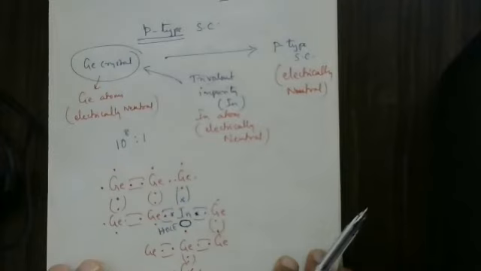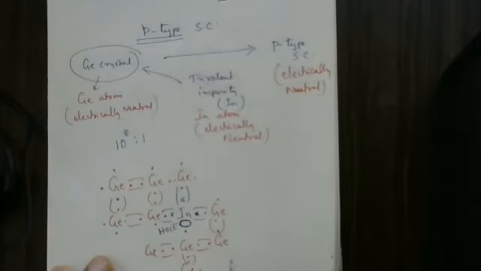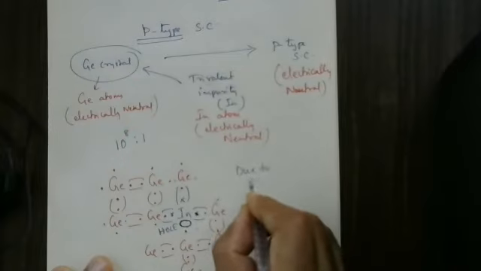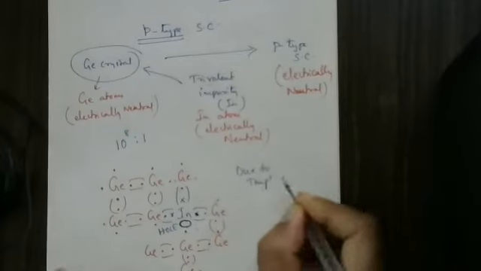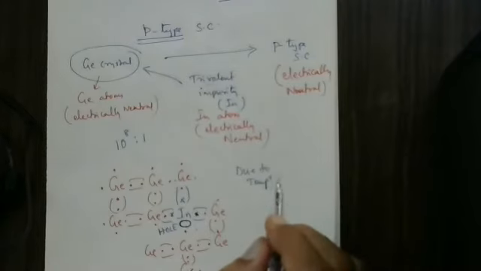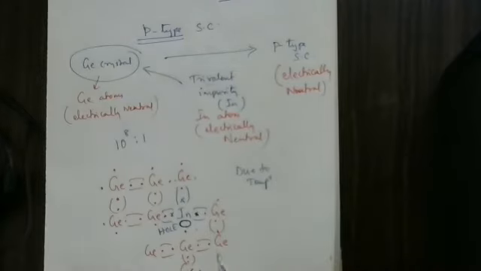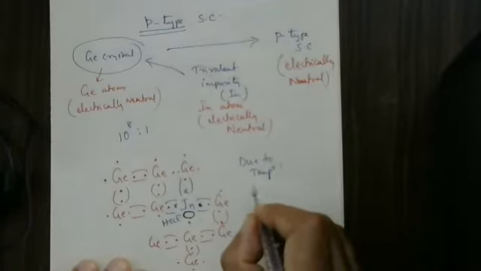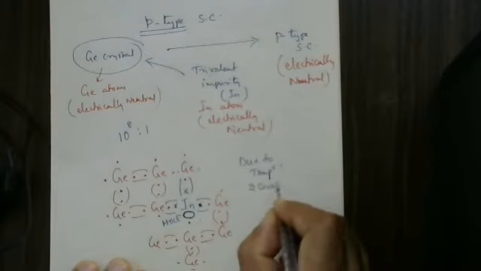Now coming to the concept. Let us consider, due to temperature, external heat energy, because we have kept this crystal in the atmosphere here. Due to that atmospheric temperature, let us consider 2 covalent bonds are breaking up.